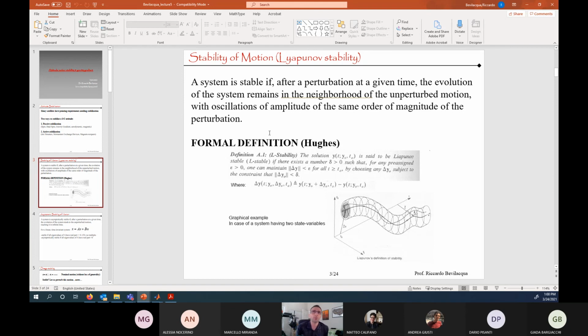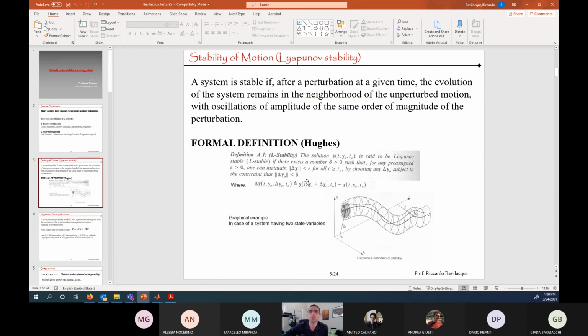That's simple stability, if the oscillation remains constant, so you don't have any damping. Or you have asymptotic stability, and you may have a way to eventually cancel out the perturbation, either by the dynamics itself that has damping in it, or because of something that you do. That's the more general, very high level definition of stability.